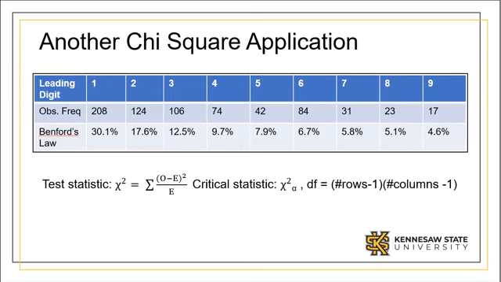The critical statistic will be based on alpha as before, but the degrees of freedom will be determined through the product of the number of rows minus 1 and the number of columns minus 1.